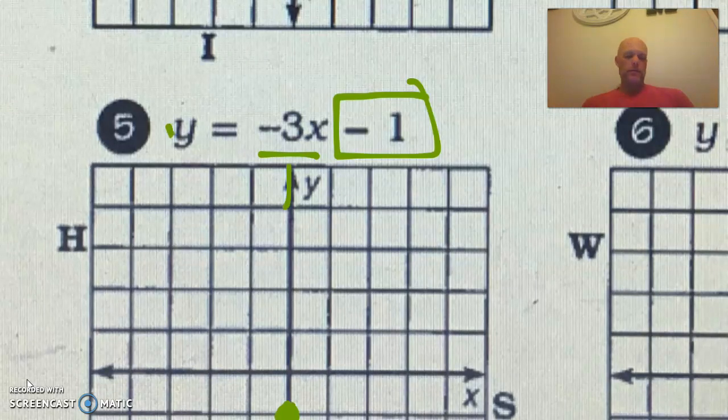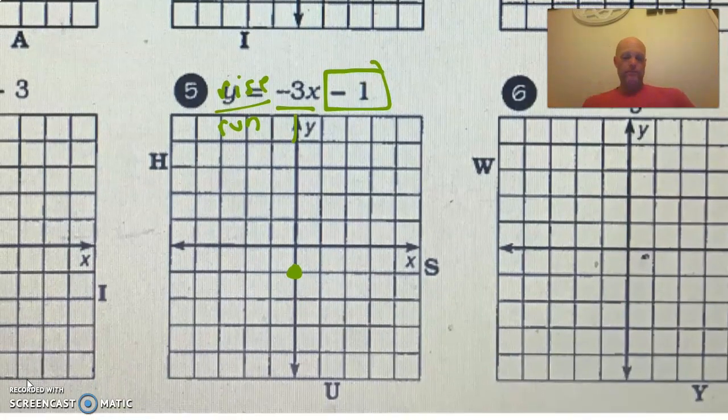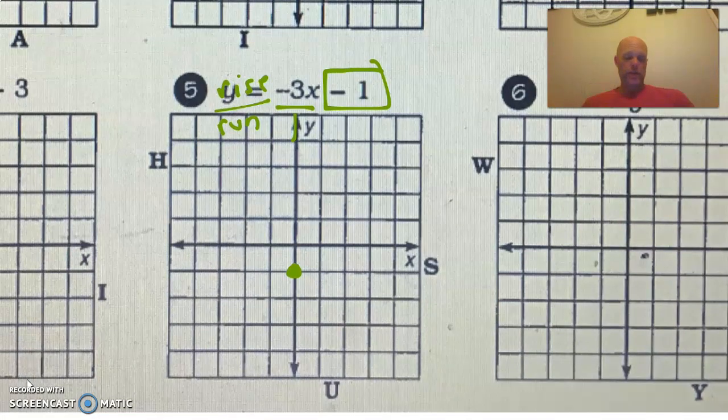Okay, so we've got the rise and the run. Rise and the run. That's all it is. How long it is. Alright, so -3. Remember, it's got a negative slope, so we're going to be going downhill like that, if your person was here, walking that way.